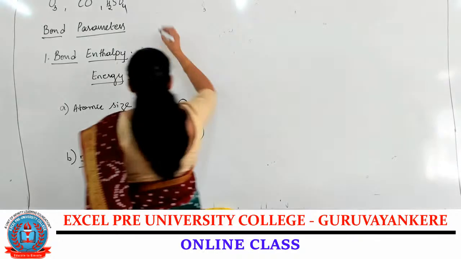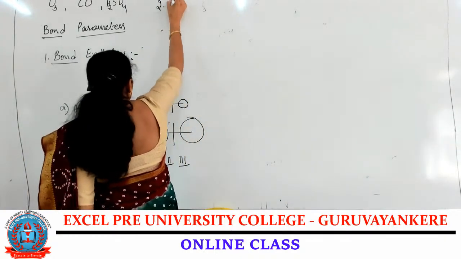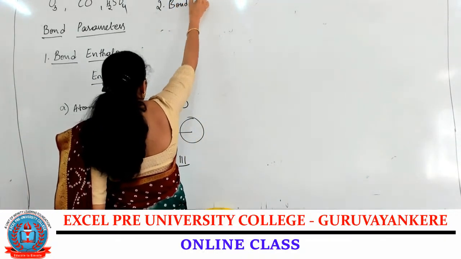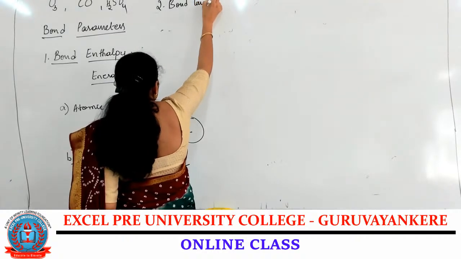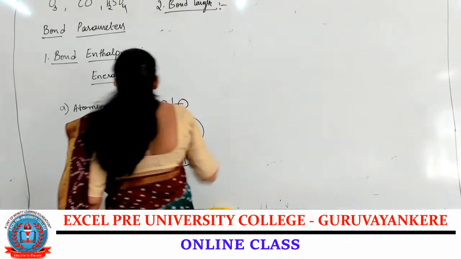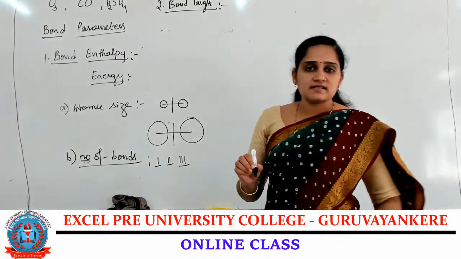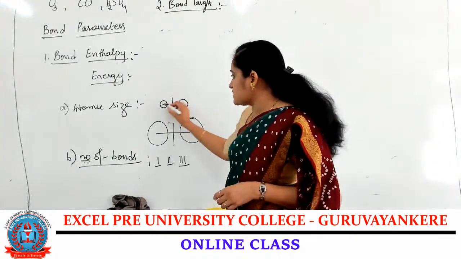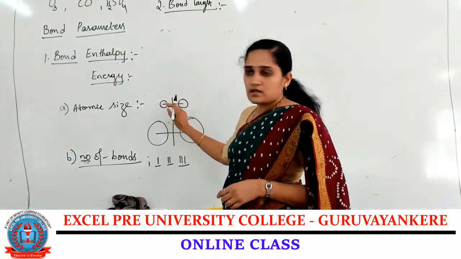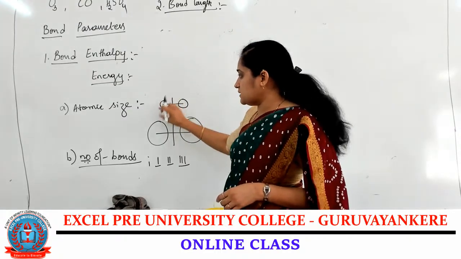The second parameter is bond length. Bond length is the distance between the center of the nucleus of one atom and another atom within the molecule.